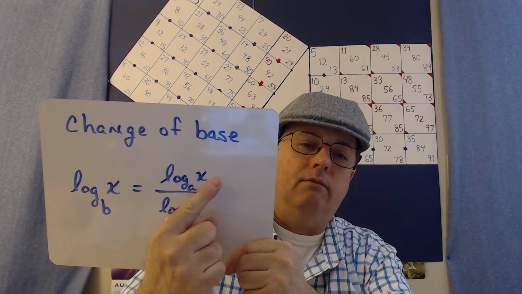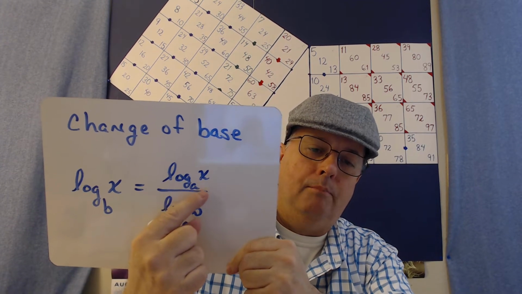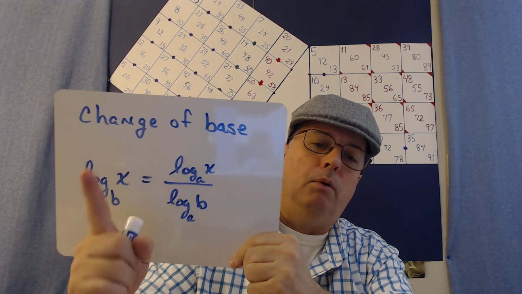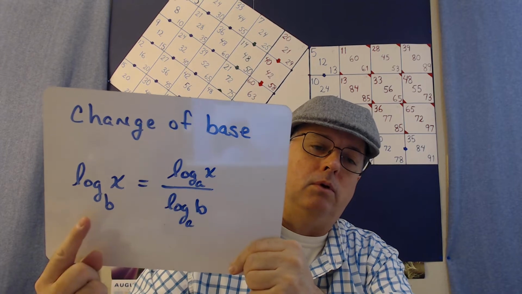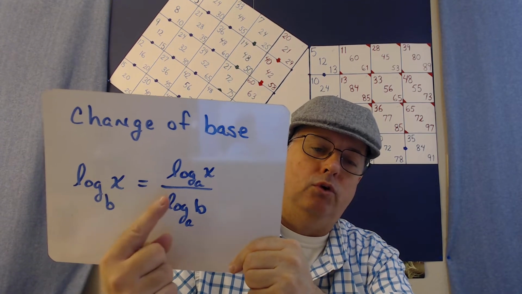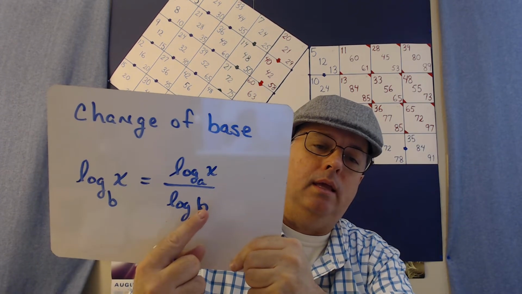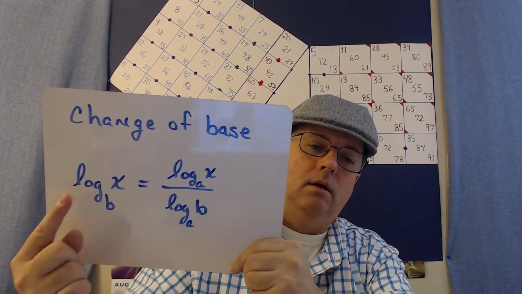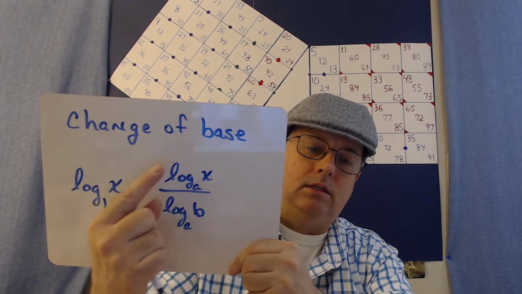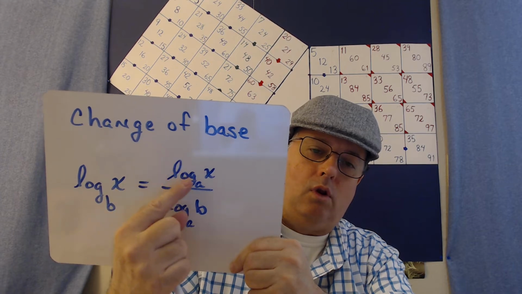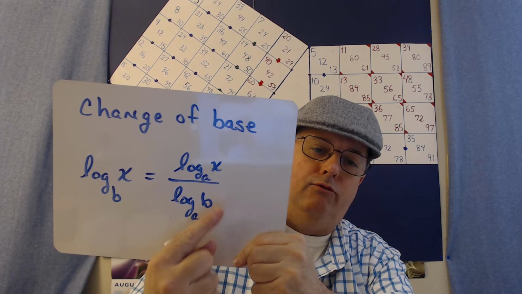And so that's what this property is saying, that the log base b of x is the same as the log base a of x, as long as you adjust for the new base and say, oh, but wait a second, we were not talking about base a, we were talking about base b. So if you divide the log base a of x by the log base a of b, the previous base b, then the log base b of x is the same as the amount you would get if you took the log base a of x and divided it by the log base a of b.